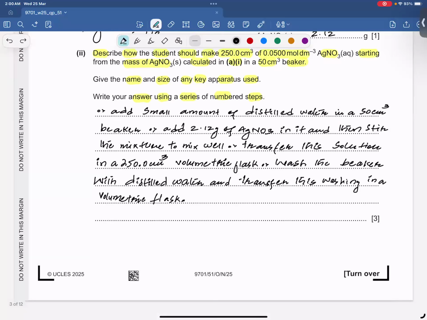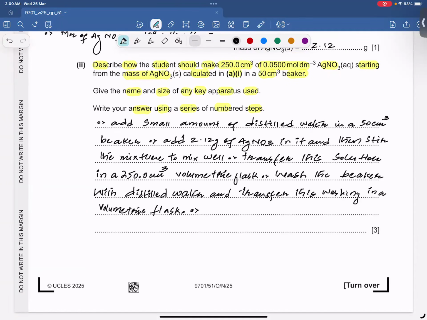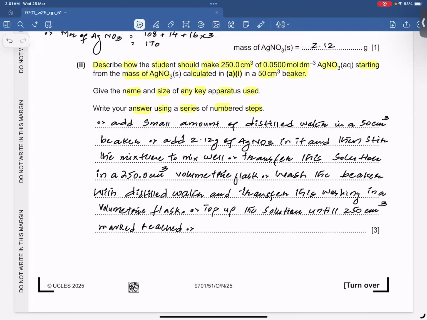Okay. Make up the solution. Not make up, top up the solution until the 250 cm³ mark is reached. And I believe we need to top up the solution with distilled water. Okay.